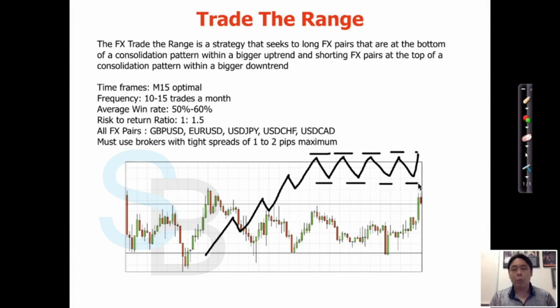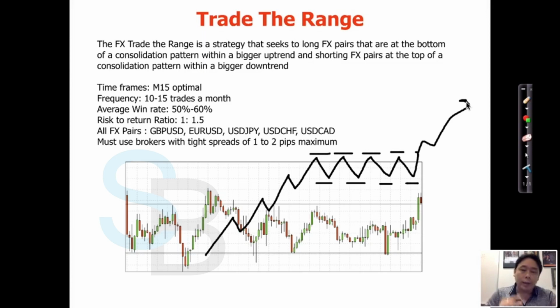So in this case, I would say that this range is in the context of a bigger uptrend. Why? Because before the range happened, it was initially an uptrend. And it is more likely that the trend will continue because of that. Okay?